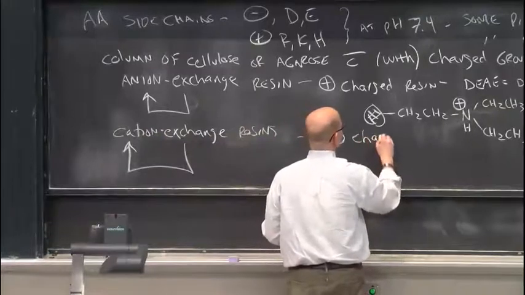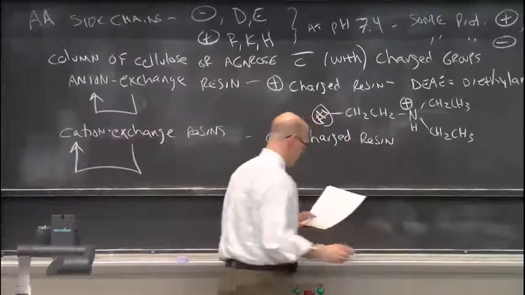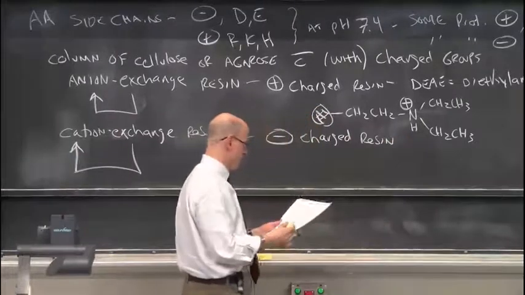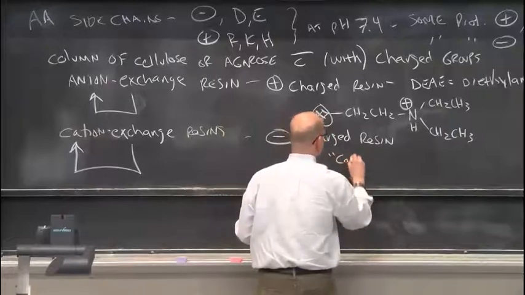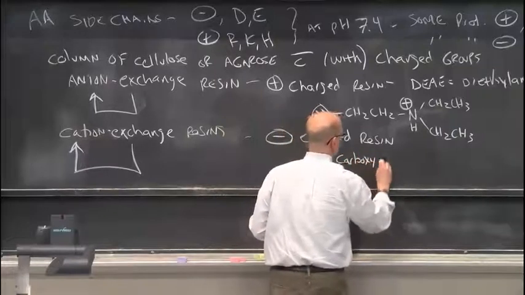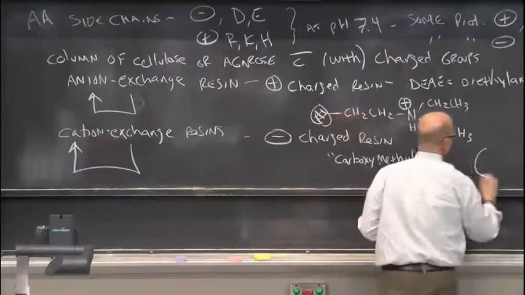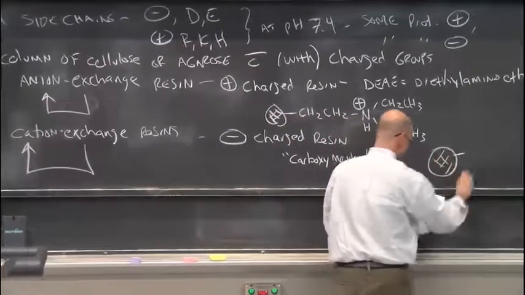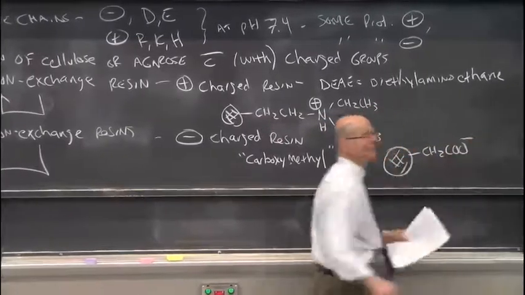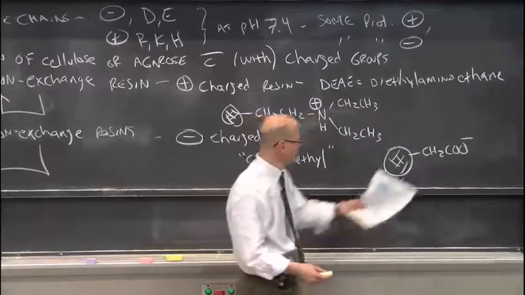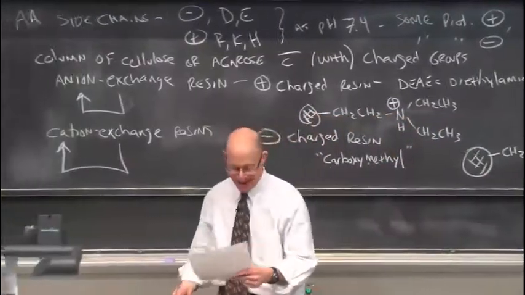So I need a negatively charged resin. And the classic negatively charged resin that people used for many, many years is called carboxymethyl, like carboxymethyl cellulose. Okay? And that, of course, is just a bead, except now its side chain is nothing more than our old friend acetate. Carboxymethyl, acetate. Nothing but acetate.